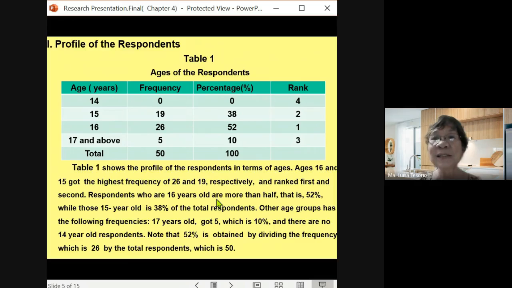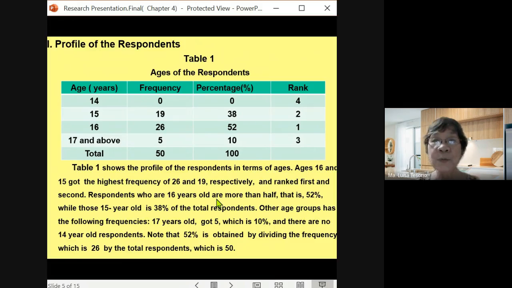Notice that ages 16 and 15 got the highest frequency, of 26 and 19, respectively. And of course, they ranked first and second. Respondents who are 16 years old are more than half, that is, 52%, while those 15-year-old is 38% of the total respondents.